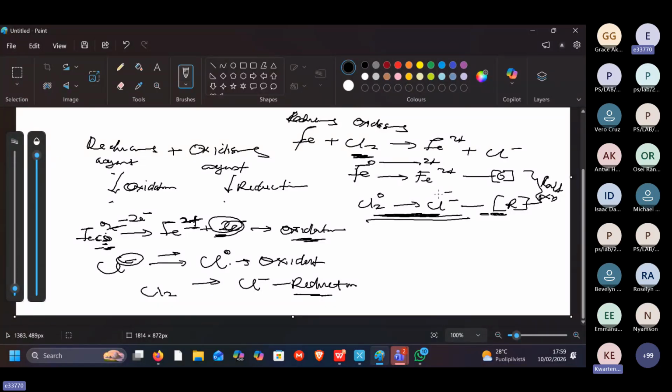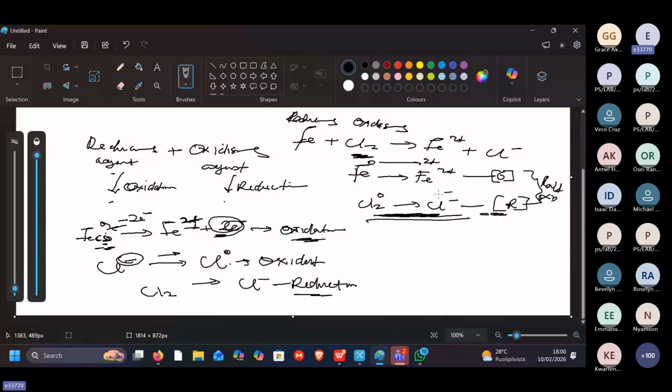Okay. Now, the most important thing that we want to derive here is that we should be able to balance the reaction. In redox reactions, our interest is to see how we can balance the equation.